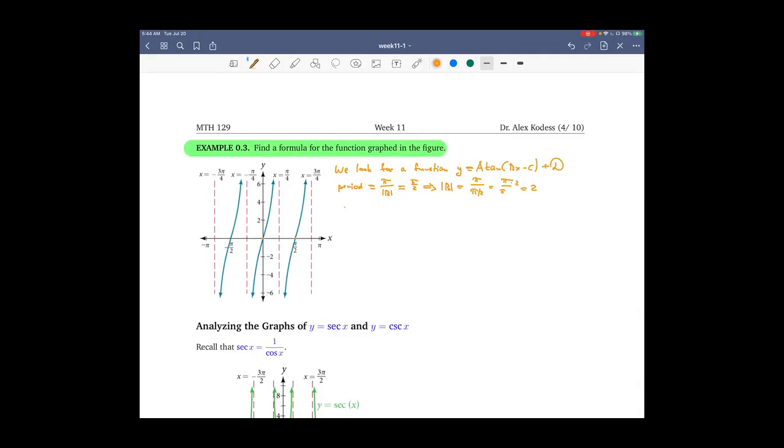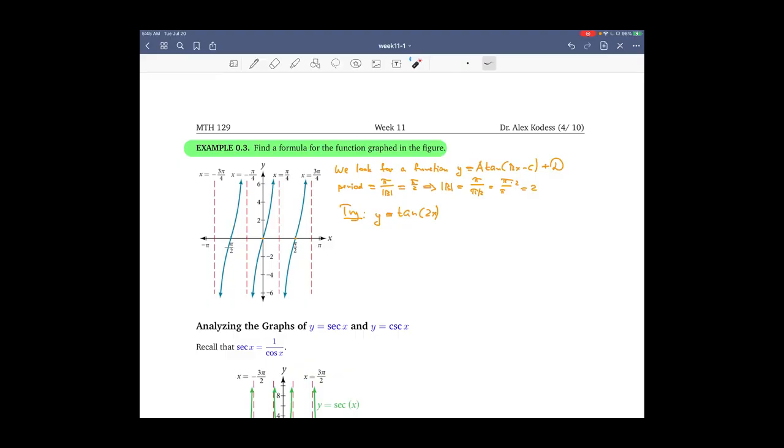And we should simply try tangent of 2x. So that is simply the standard tangent function compressed by a factor of 2. Asymptotes instead of pi over 2 and negative pi over 2 are now at pi over 4 and negative pi over 4.